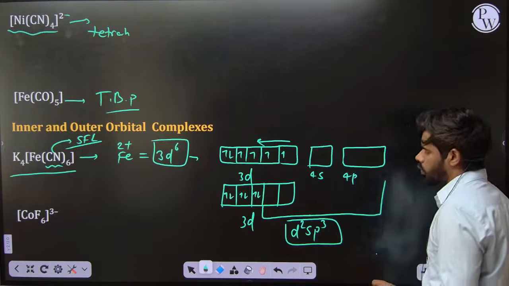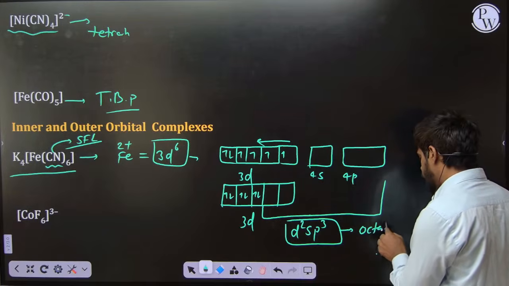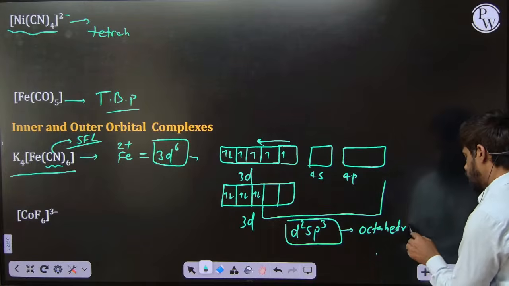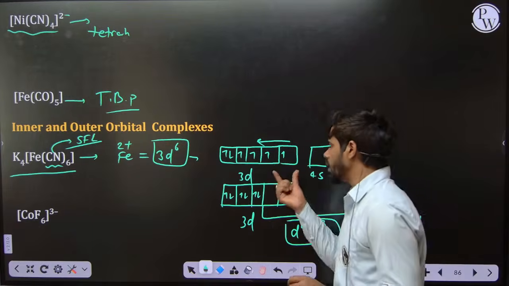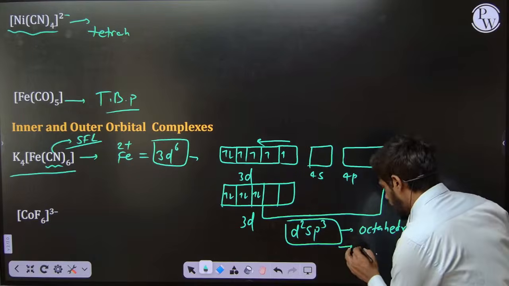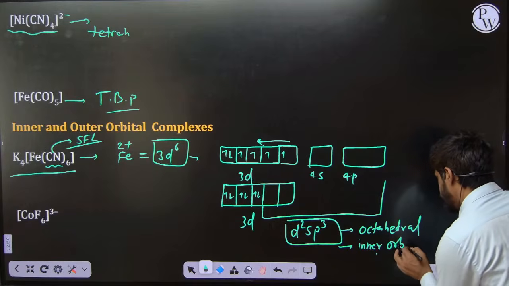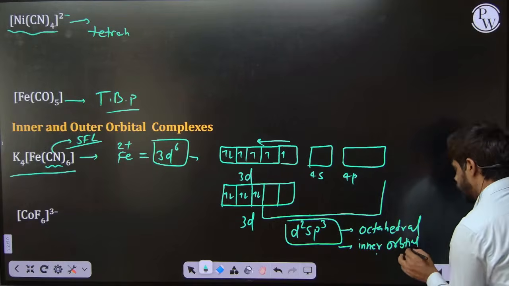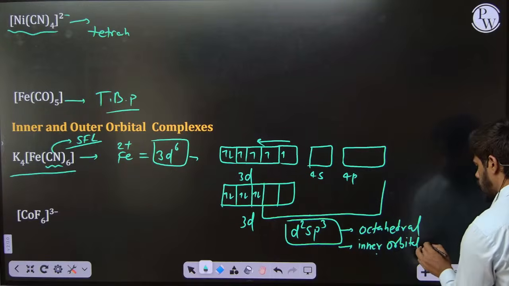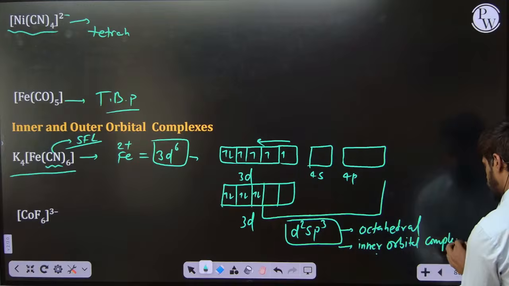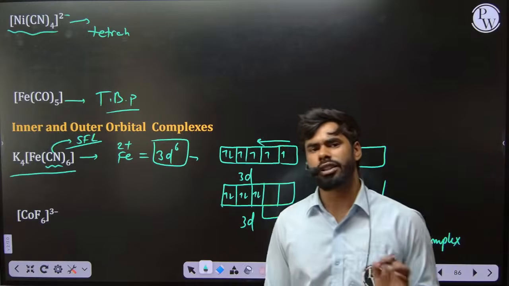So d2sp3 hybridization will be octahedral. And other information: as inner orbitals are used, we can say it is an inner orbital complex. Second, there is one more thing, high spin and low spin.